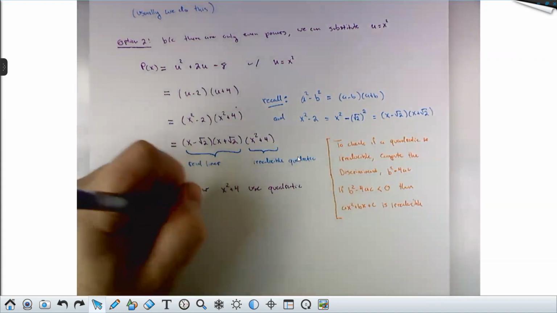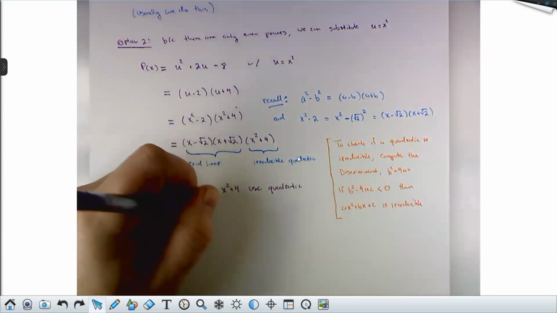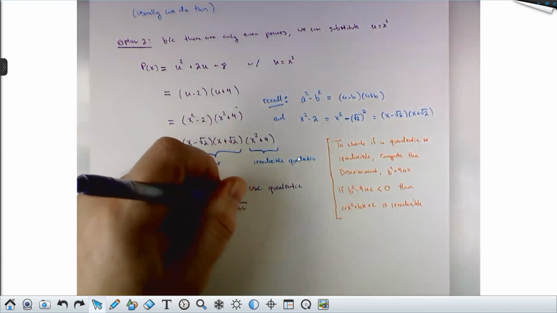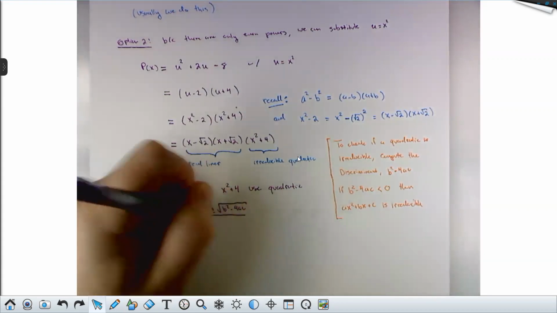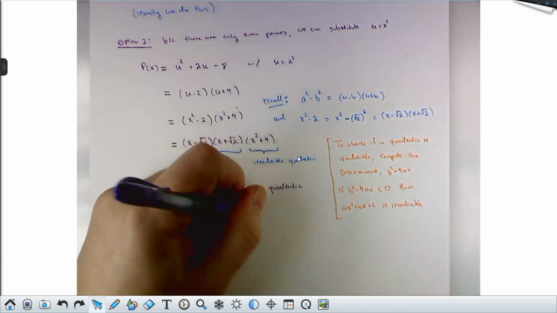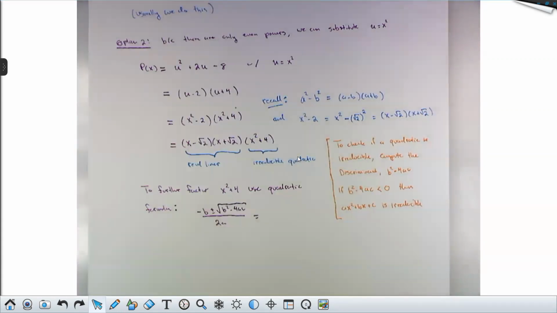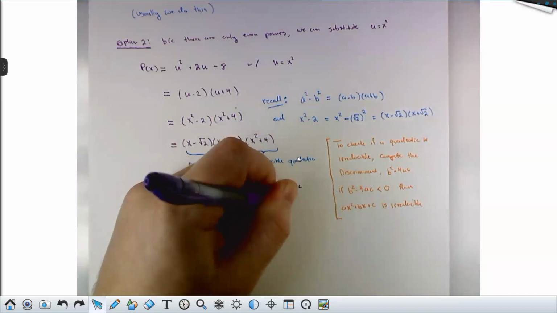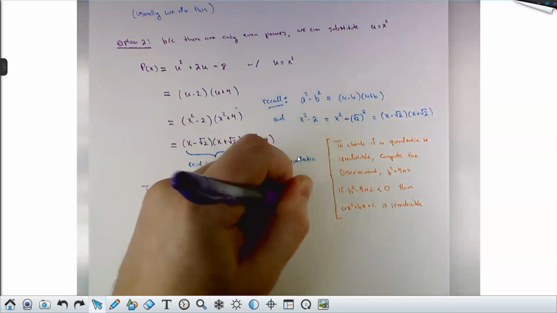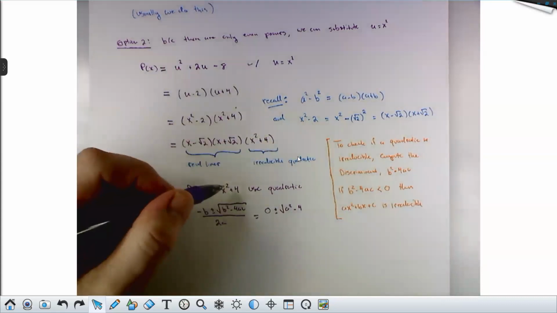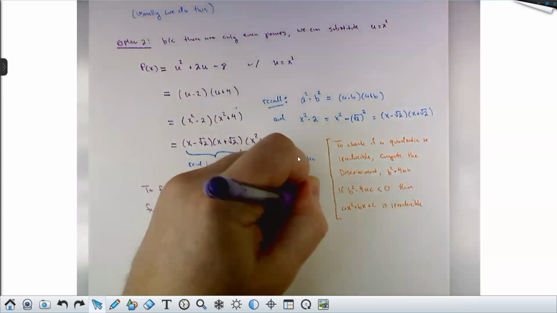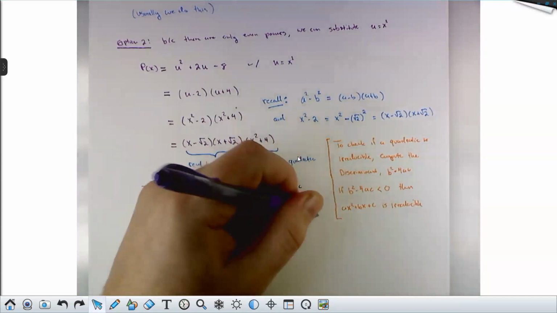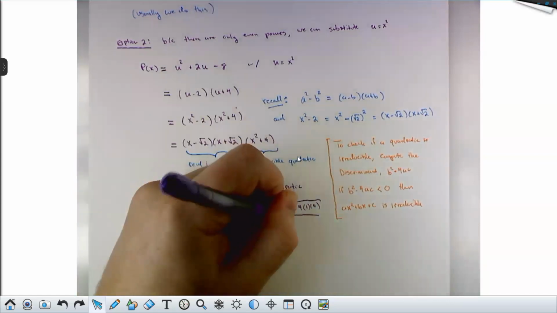So its roots will be negative b plus or minus the square root of b squared minus 4ac, all over 2a. Here a is 1, b is 0, and c is 4. So this is 0 plus or minus the square root of 0 squared minus 4 times 1 times 4, all over 2 times 1.